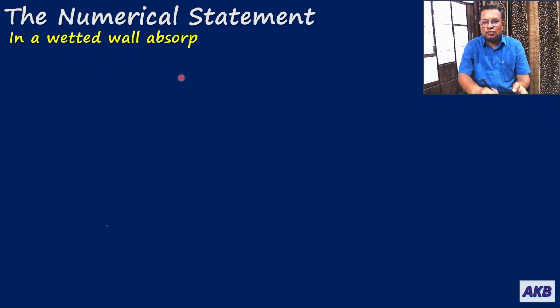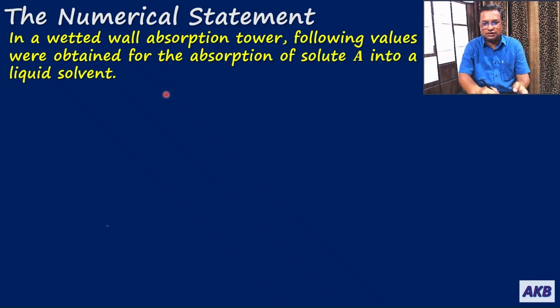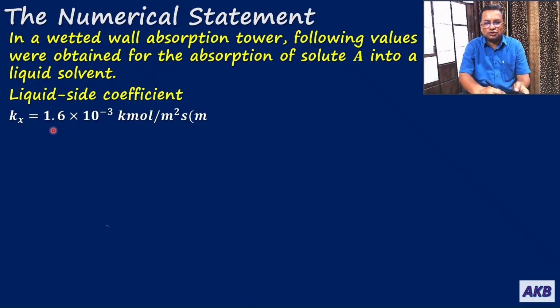In a wetted wall absorption tower, the following values were obtained for the absorption of solute E into a liquid solvent. The liquid side individual mass transfer coefficient, that is Kx, was obtained as 1.6 into 10 to the power minus 3 kilomole per meter square per second per mole fraction.